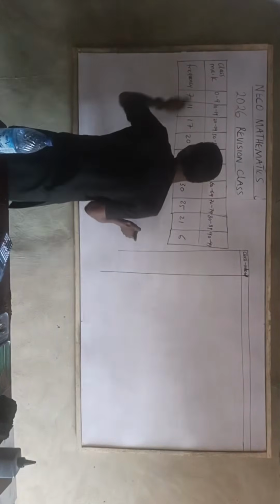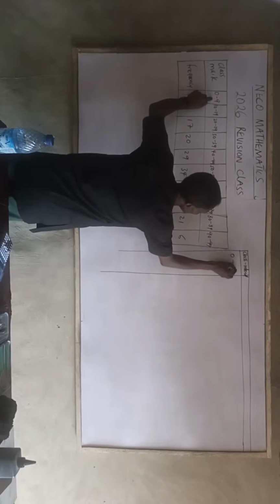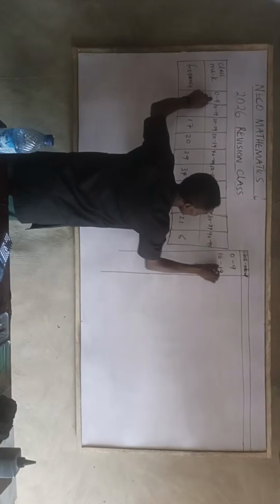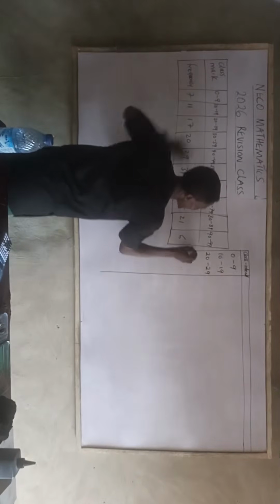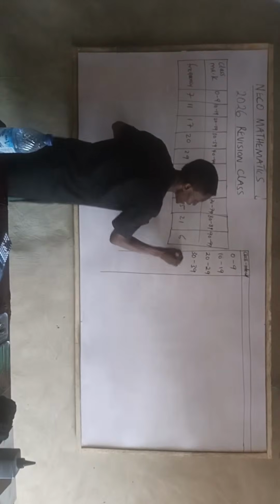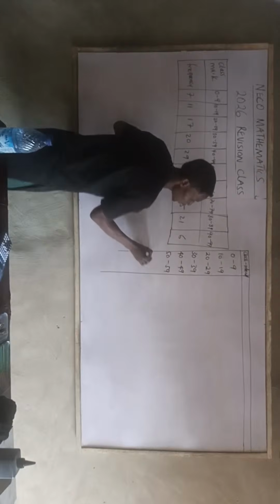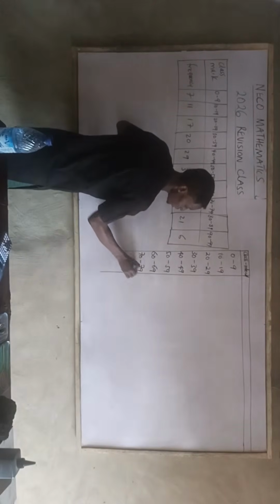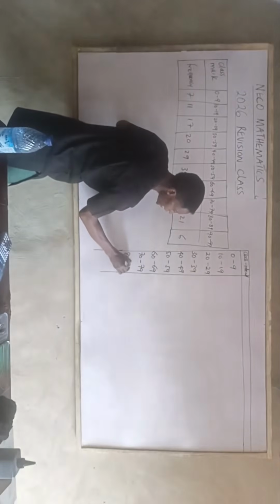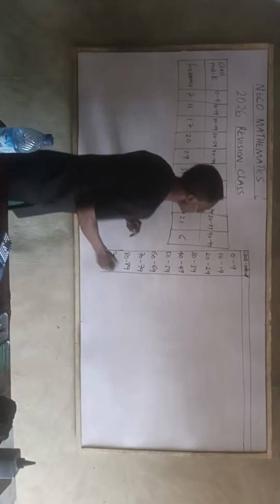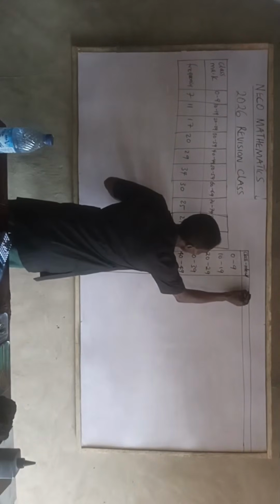The class intervals are this: 0 to 9, 10 to 19, 20 to 29, 30 to 39, 40 to 49, 50 to 59, 60 to 69, 70 to 79, 80 to 89, then 90 to 99. Then the next one would definitely be the frequency.